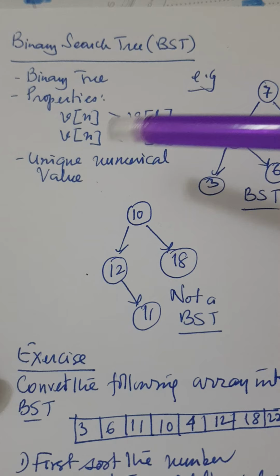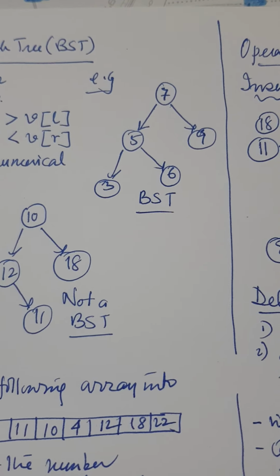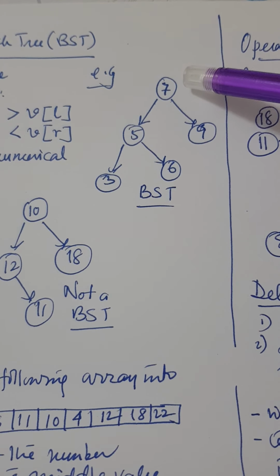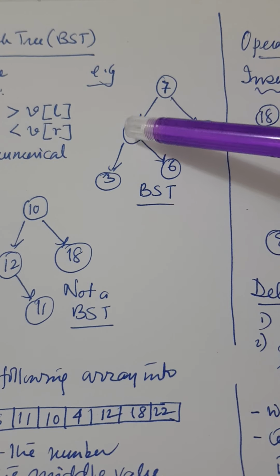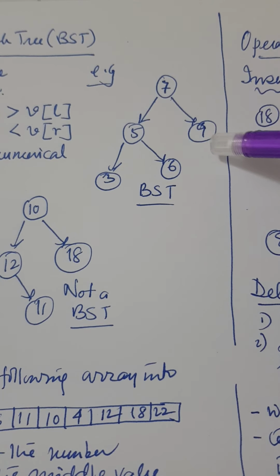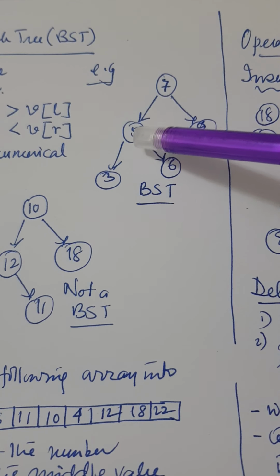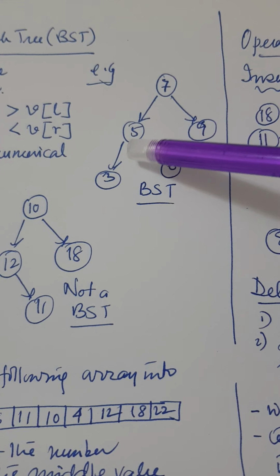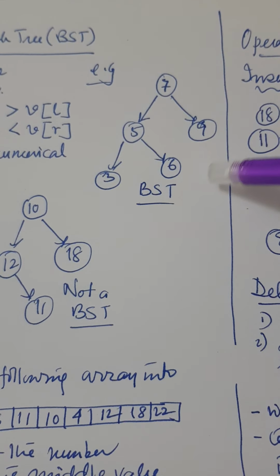Take a look at this example. We have a root of 7, and then a left of 5, which is lower than 7, and a right of 9, which is greater than 7. Again, take a look at 5. The right is greater than 5, and the left is lower than 5. So this is a binary search tree.